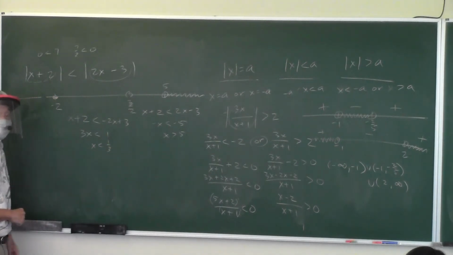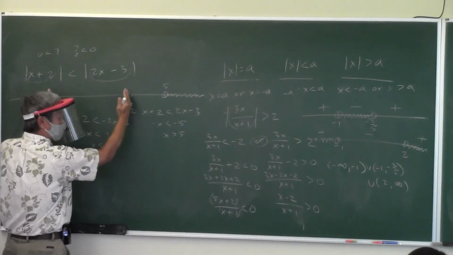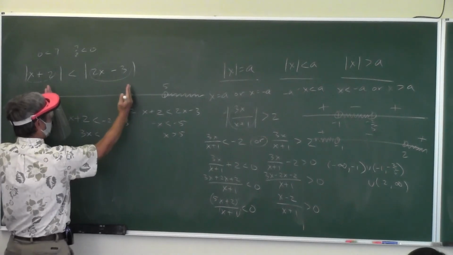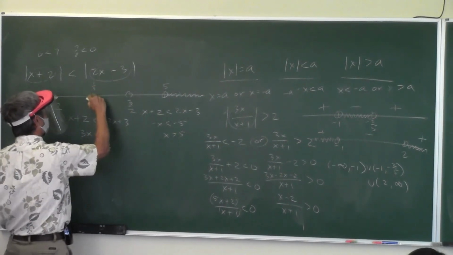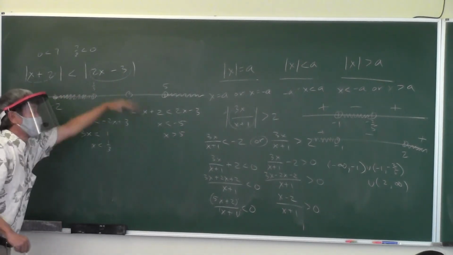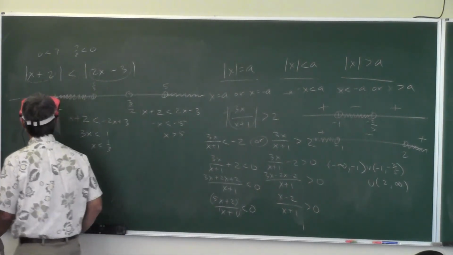X is less than 1/3. So you graph this only here, because that's the only time it's valid. So how do I graph x is less than 1/3 right there? Put a 1/3 on the number line and less than, so go to the left. Because every year the students are going the wrong way. Greater than means that way. Less than means this way.